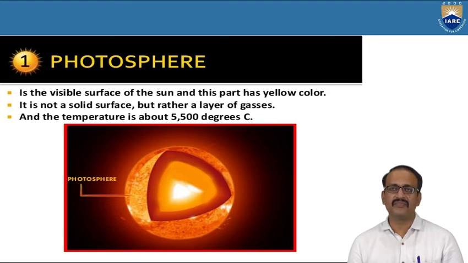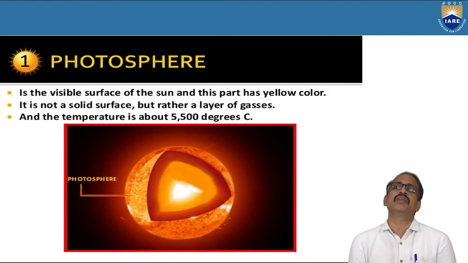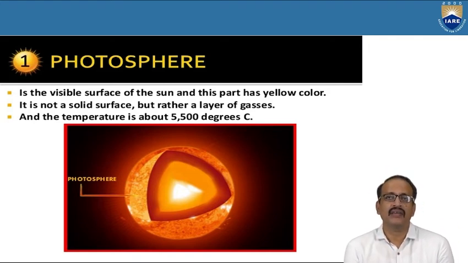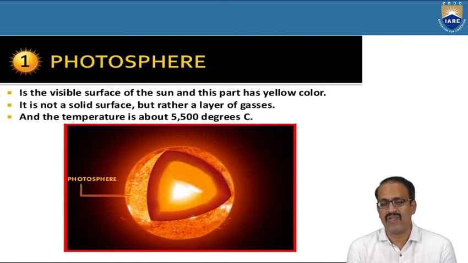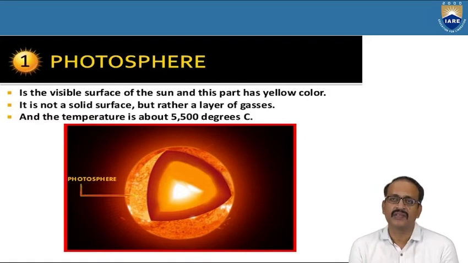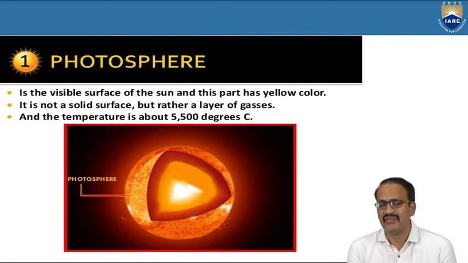Photosphere. It is the thing which is visible on the surface of the sun. It is yellow color. Sometimes we can see this yellow color from our Earth also with the naked eye. You cannot find a solid surface because it is made up of gases.